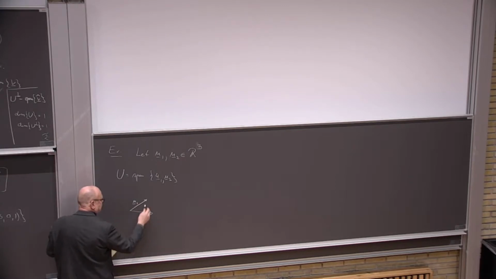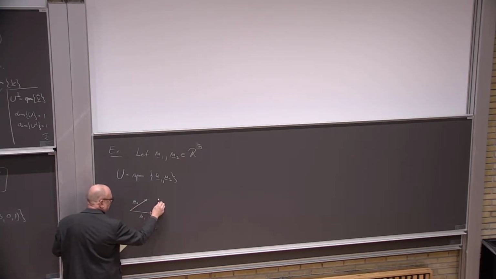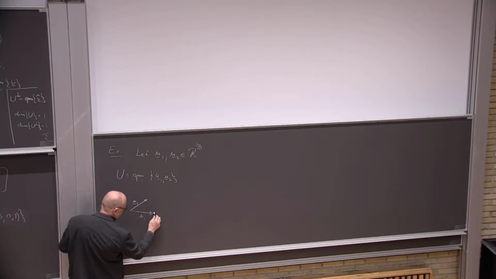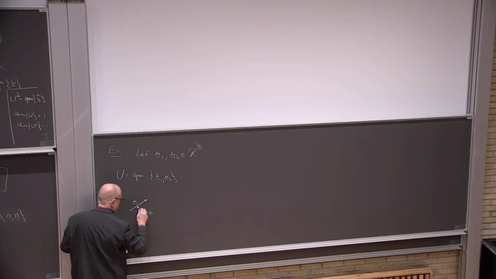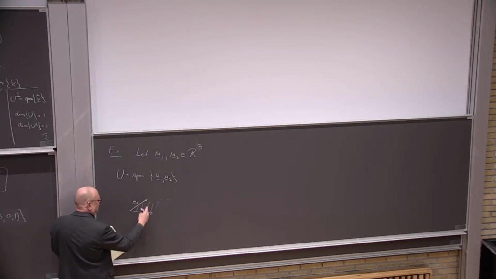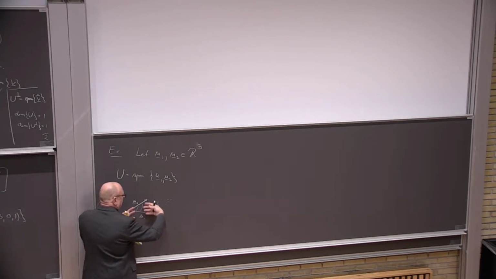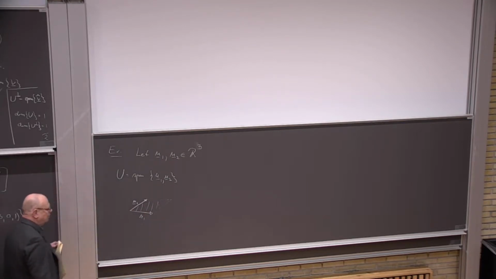So these two vectors span a plane. I can illustrate that by drawing this parallelogram here. So it is this parallelogram plus all that is outside this parallelogram in these directions.